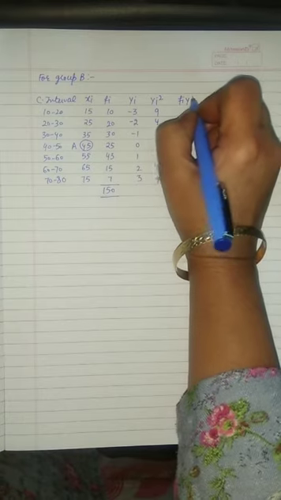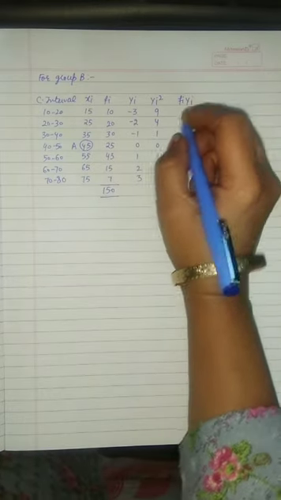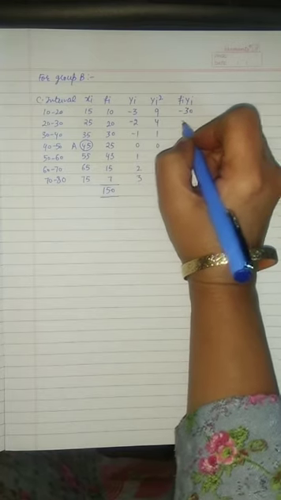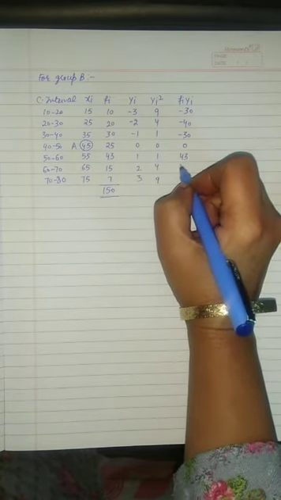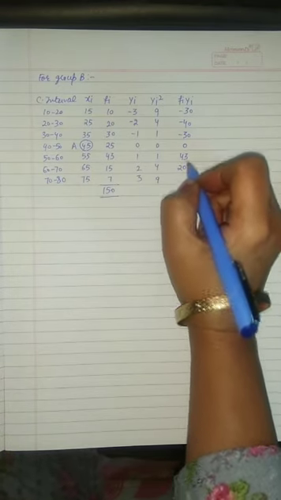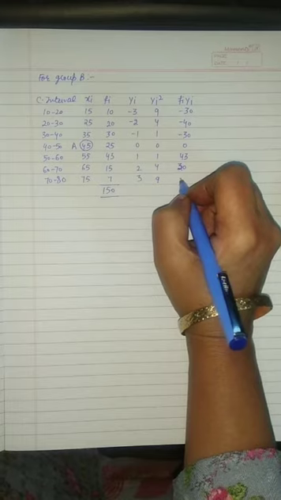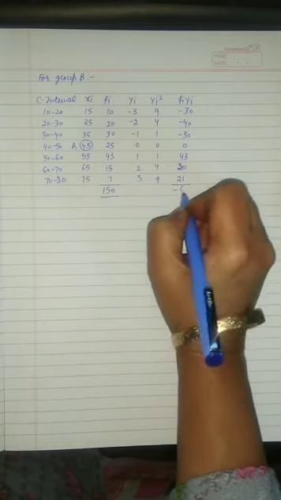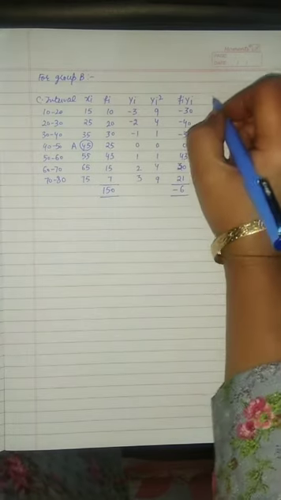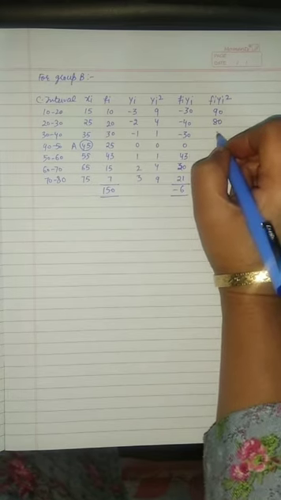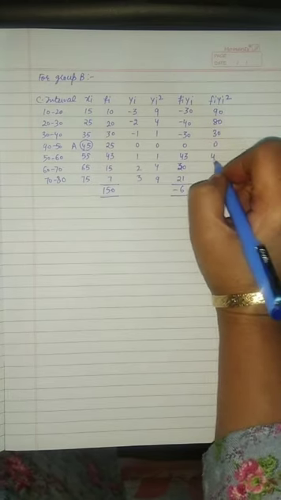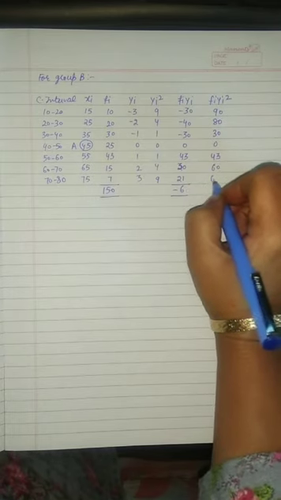Now we will find the column fi into yi, which will be minus 30, minus 40, minus 30, 0, 43, 30, and 21. The sum of this column is minus 6. The last column will be fi yi square: 90, 80, 30, 0, 43, 60, and 63, and the sum will be 366.